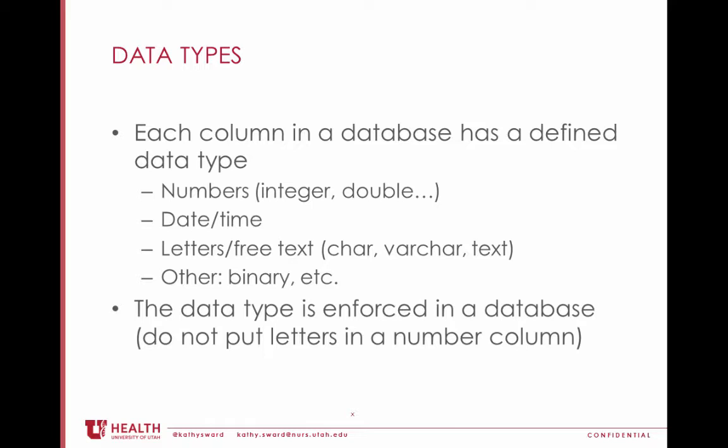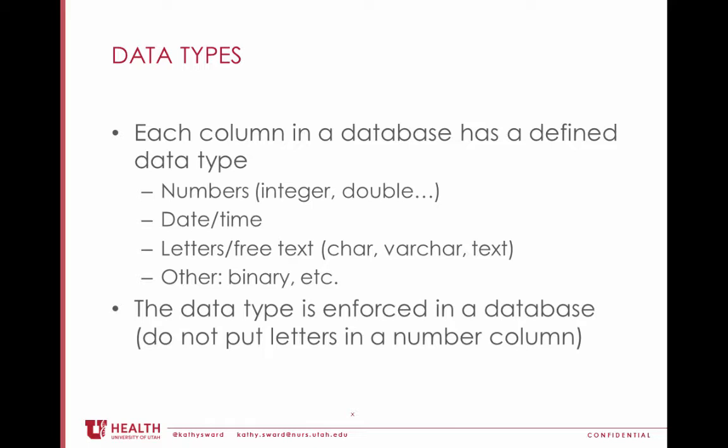There's columns that contain any sort of free text, alphabetic letters, symbols, and so forth. And these are variously named from one system to the next. It might be called char, string, varchar, text, or there's other names for that data type.